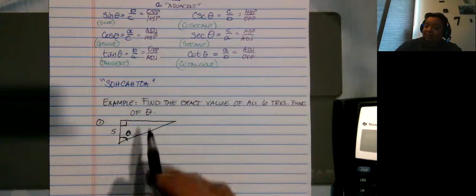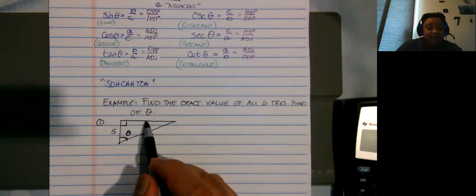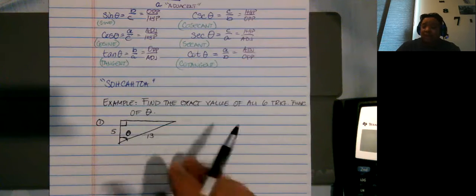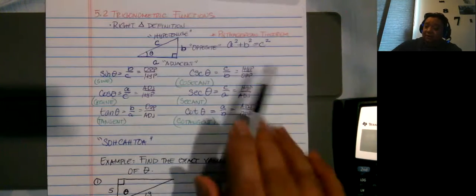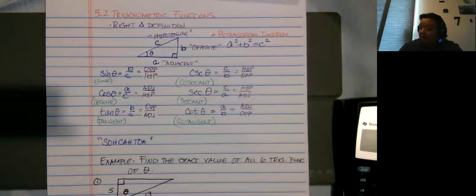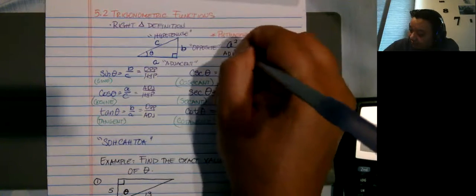Okay. So now the question is, how do you find the third side? Well, the third side can be found using your Pythagorean theorem. And so notice, by the way, in terms of opposite and adjacent, this is basically adjacent squared plus opposite squared is equal to hypotenuse squared.